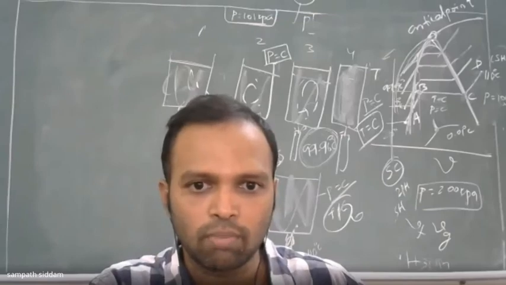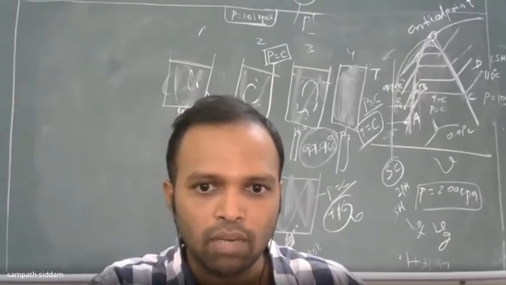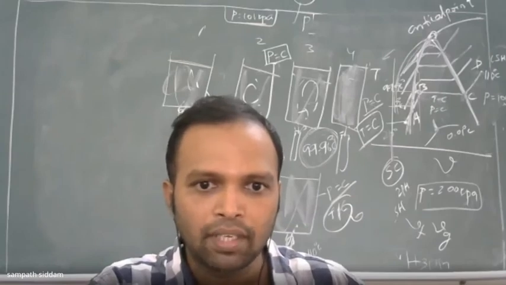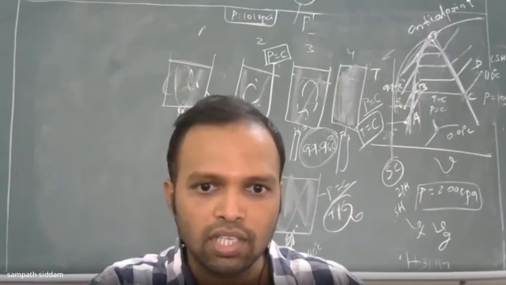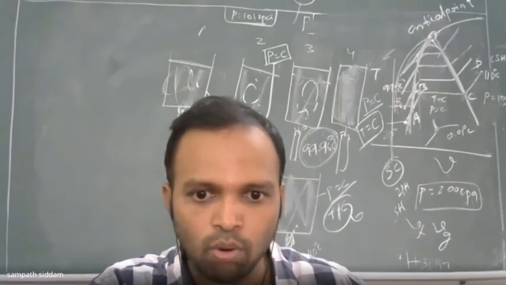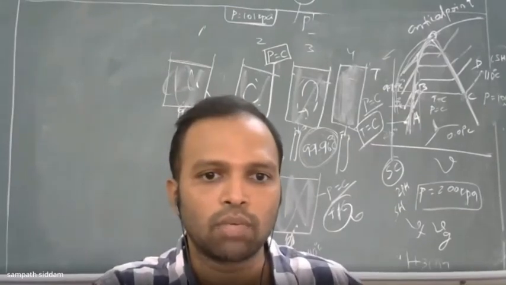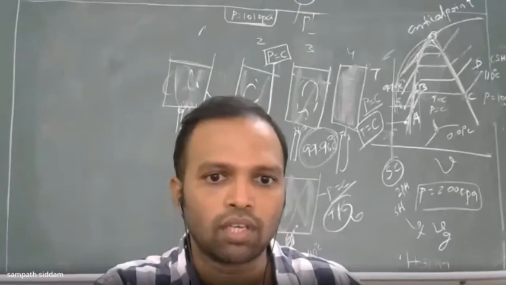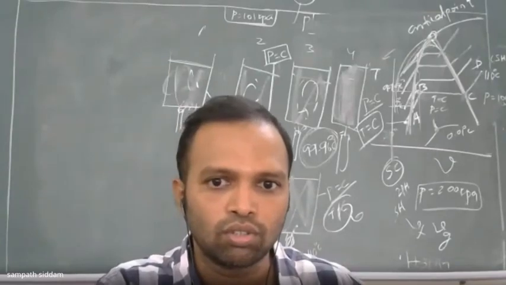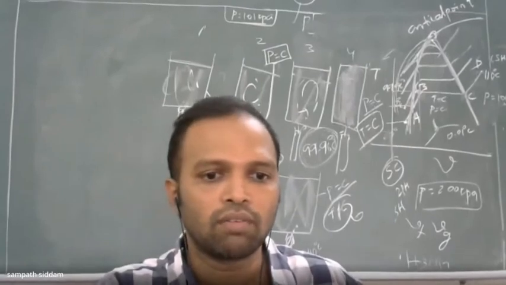This is your maximum point. At this critical point, your pressure is 22 MPa, the temperature is 374.14, and the specific volume is 0.00311. You need to remember these values. This is very, very important. Okay, so this is your TV diagram.